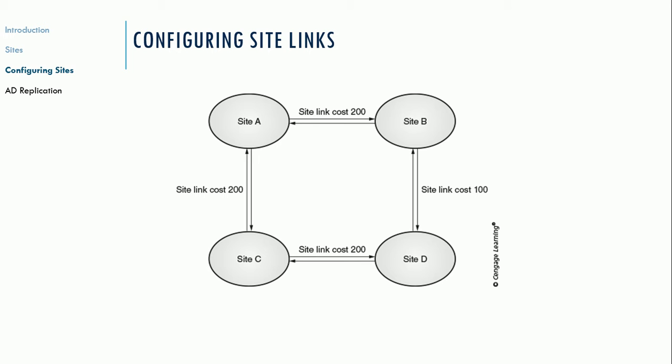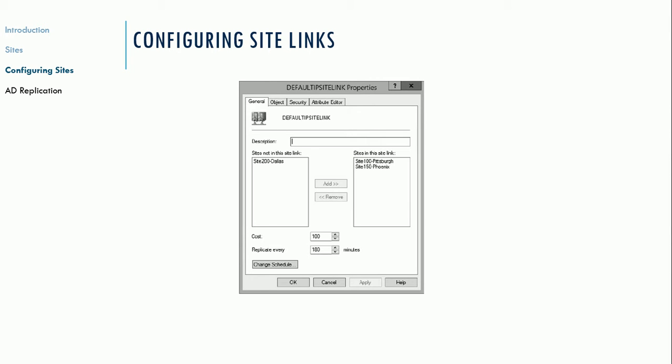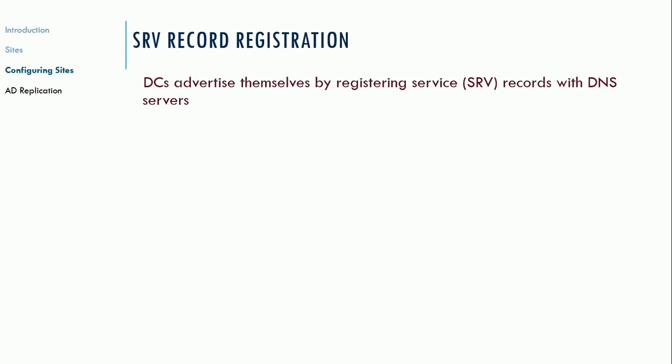If somebody makes a change in site C, it gets replicated to A, which gets replicated to B, and also gets replicated to D from site C. Again, the cost on those metrics can define the most efficient way to carry out those replications. And this is the dialog box where you would configure your site links in Active Directory.